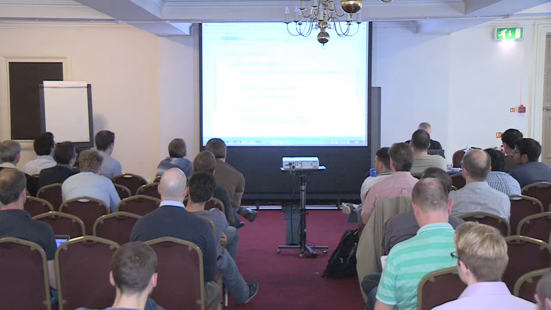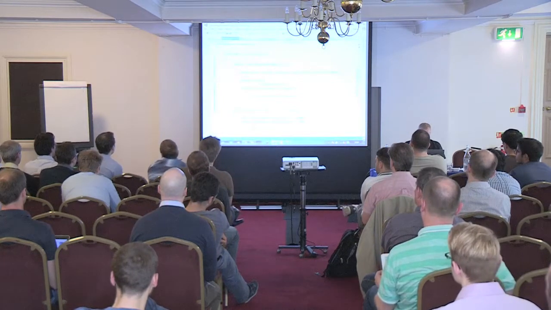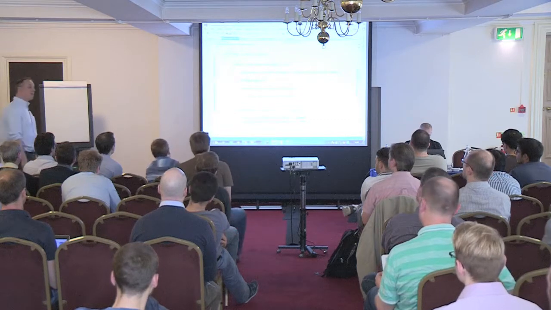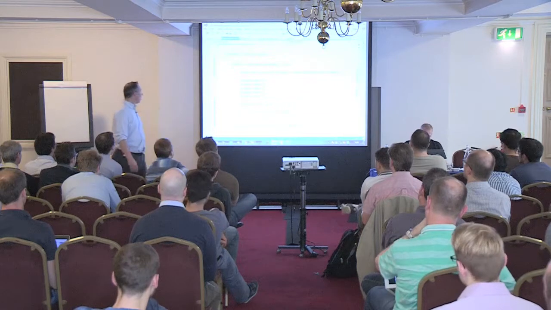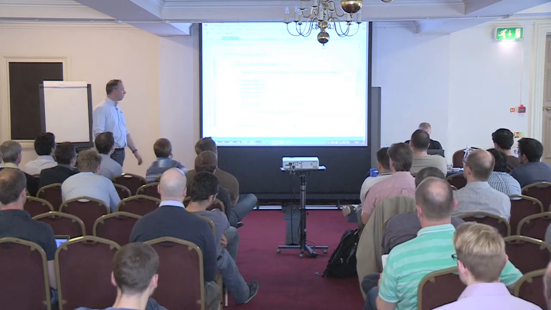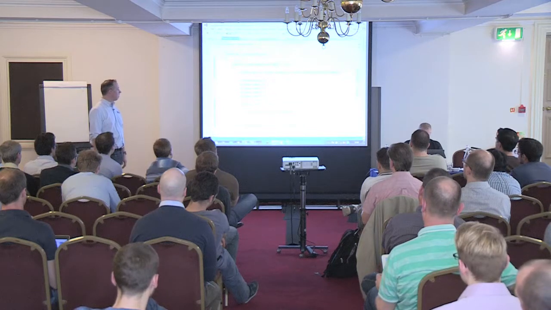So let's do this. Primes.Add. First prime number? 2. Okay, 2. What's the next one? 3, 5, 7, 11. Run the code.